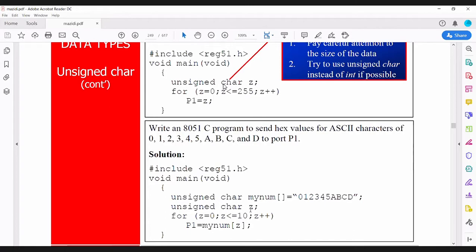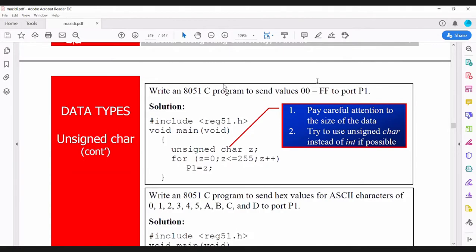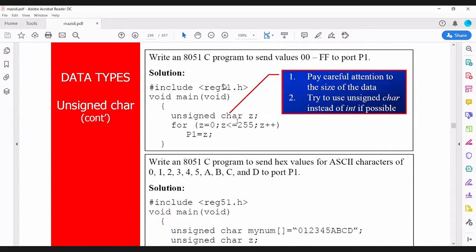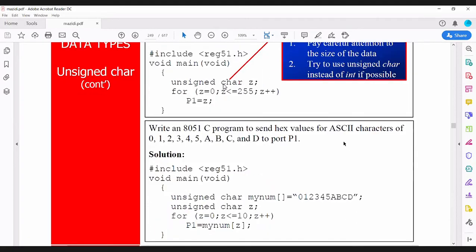But z is your unsigned char. But now this is in the form of ASCII characters. Here you are just sending 0 to 255 to z. This is very simple. But here you need to send the ASCII character to port 1. Are you getting?